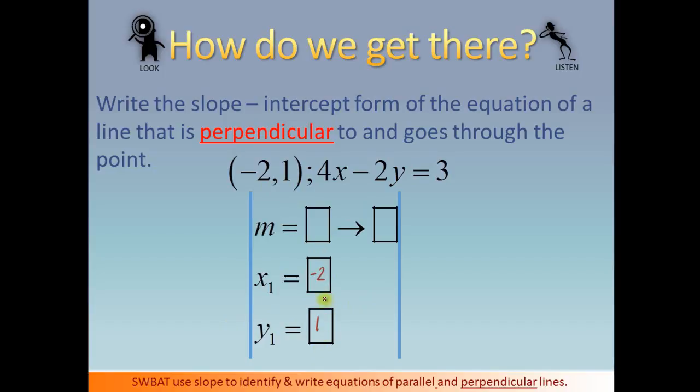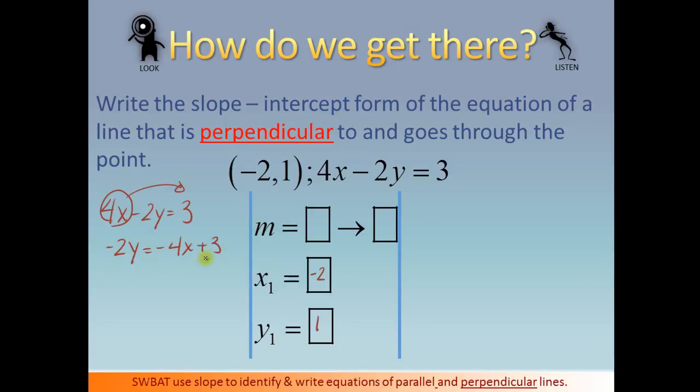Again, I need to find the slope, so I can take the negative reciprocal. So I'm going to take this equation that I'm given, which is the existing line, and solve for y. So 4x minus 2y equals 3.